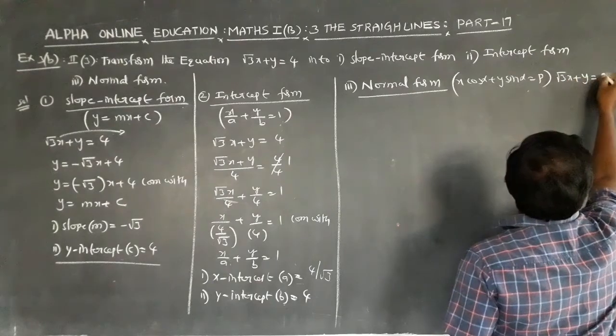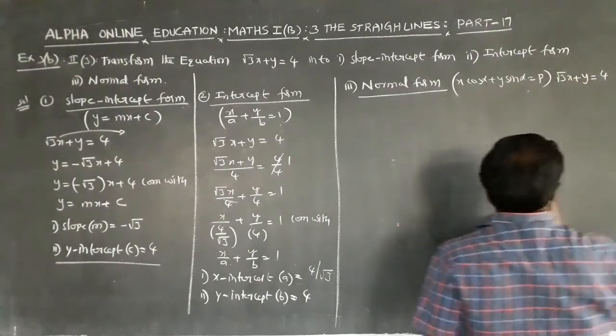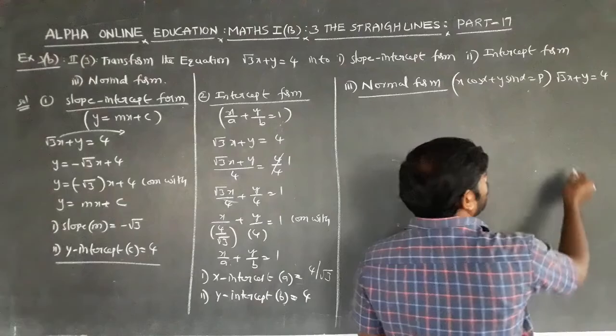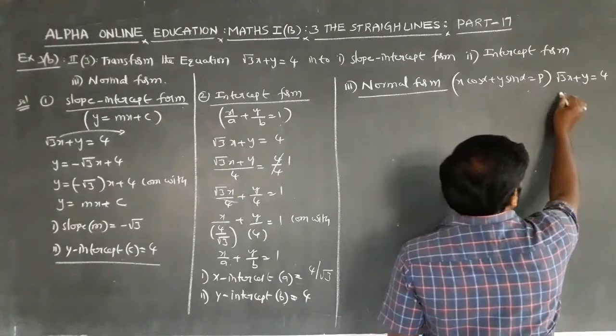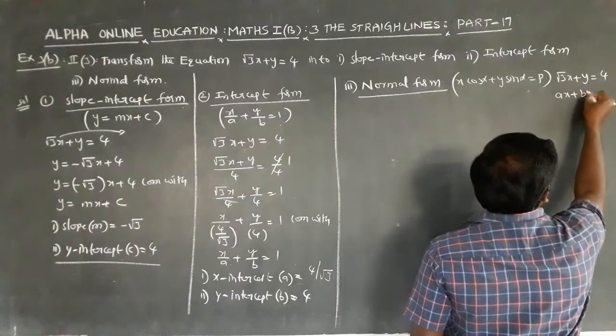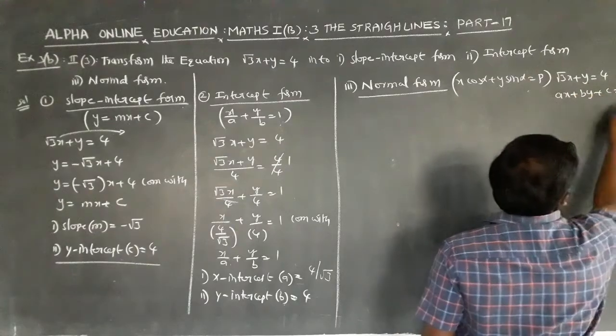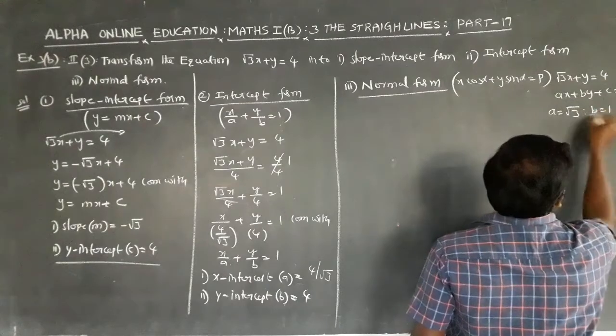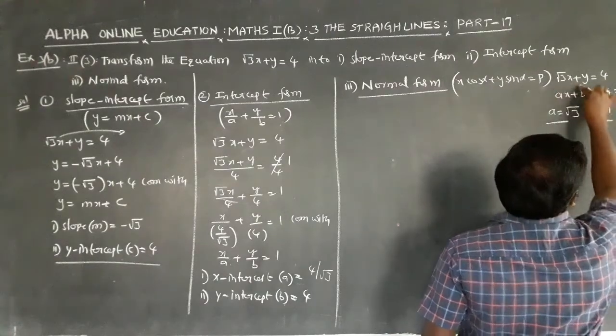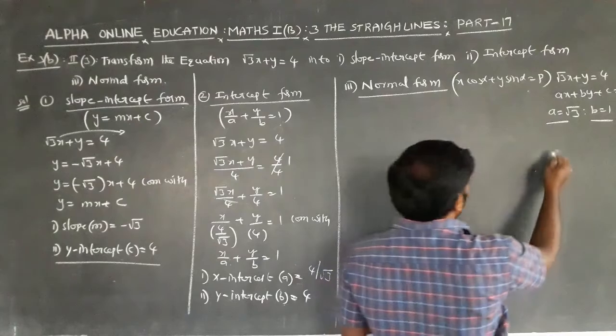Given equation √3x + y = 4. Comparing with ax + by + c = 0, a = √3, b = 1.